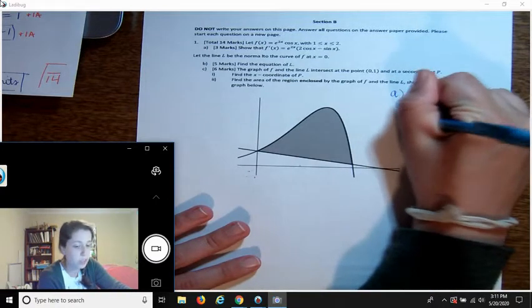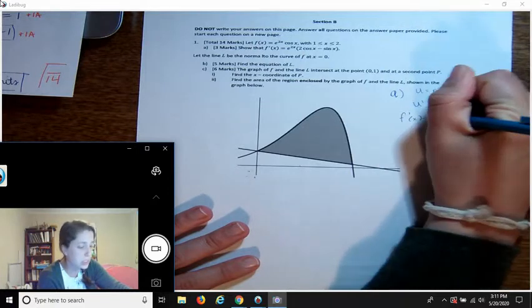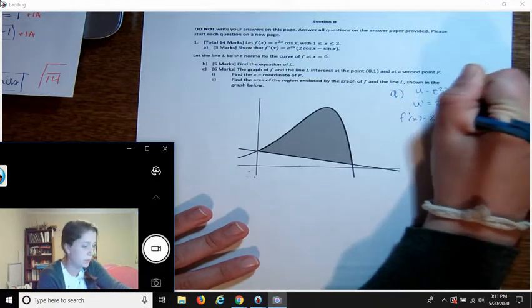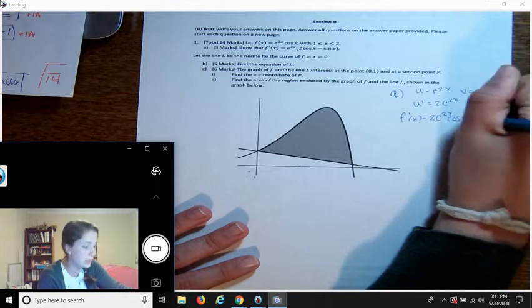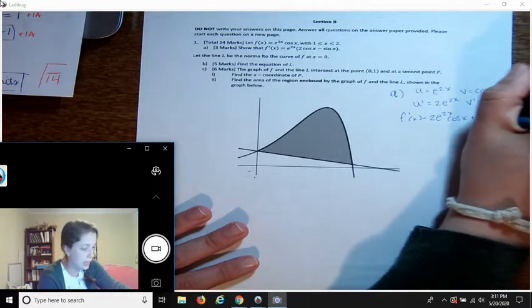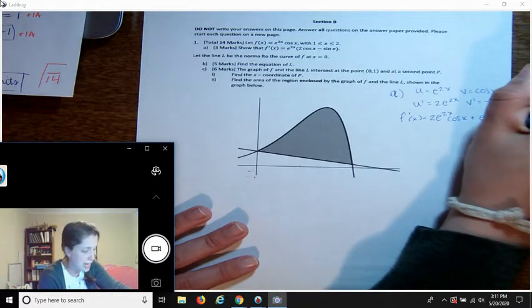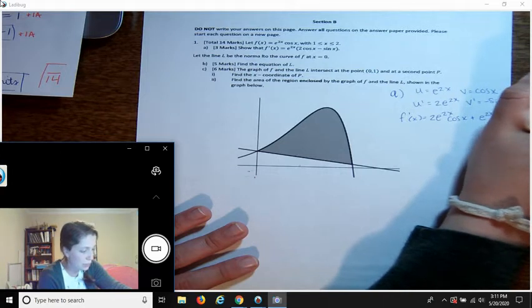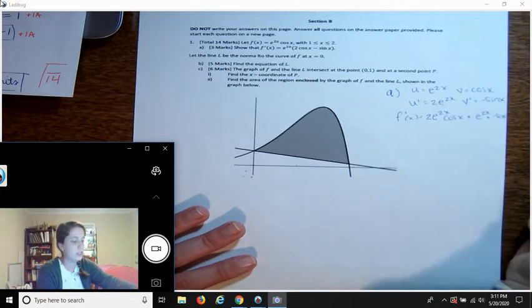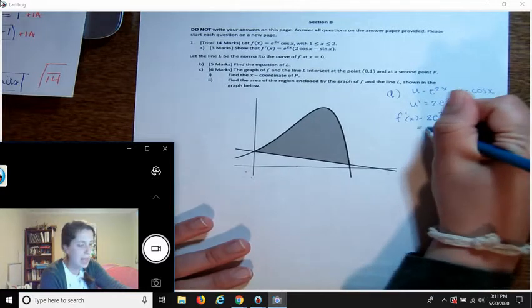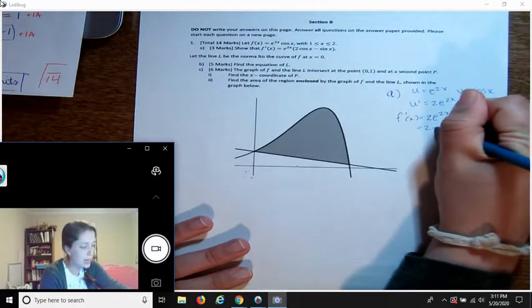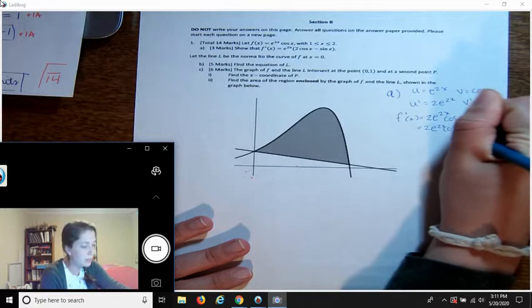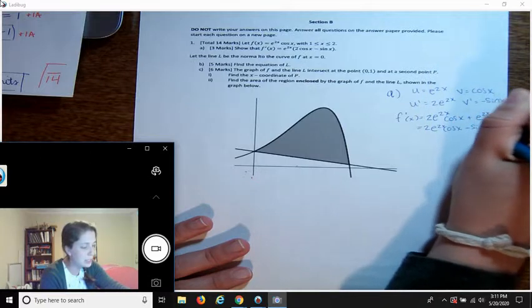So f prime of x should be equal to 2e to the 2x cosine x plus e to the 2x times negative sine x, which you can rewrite as 2e to the 2x cosine x minus sine x e to the 2x.